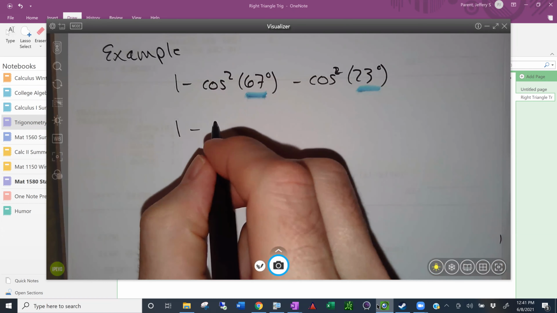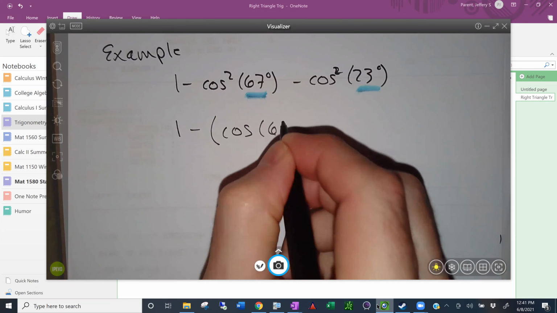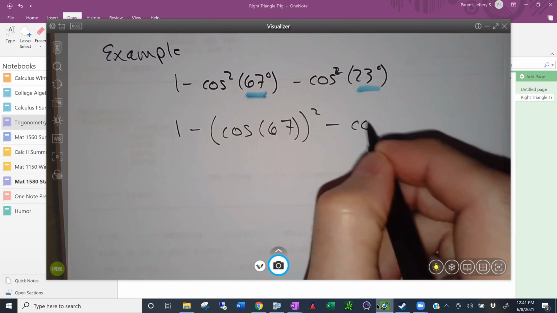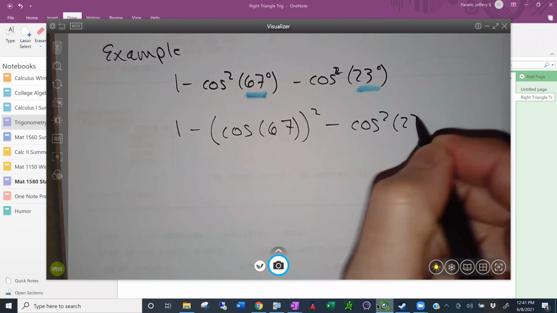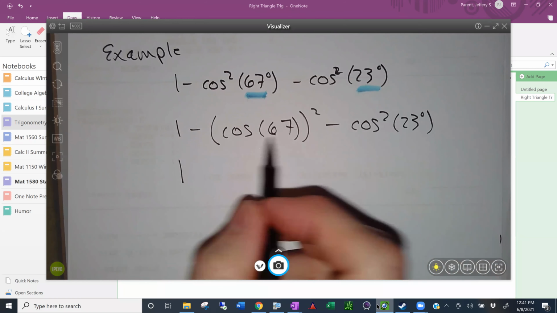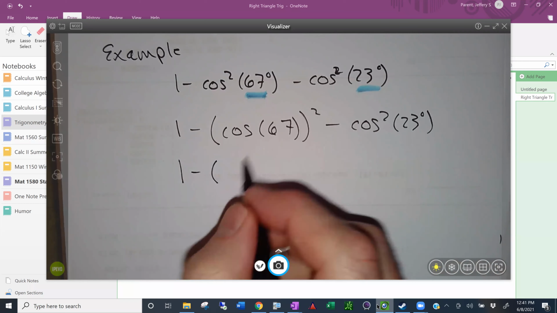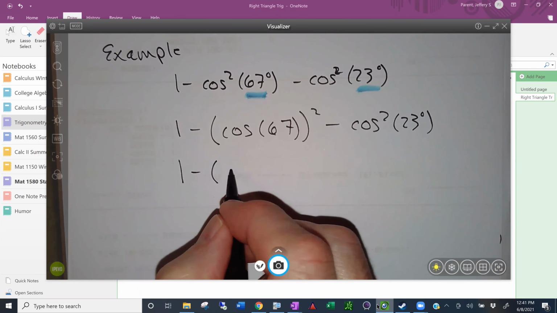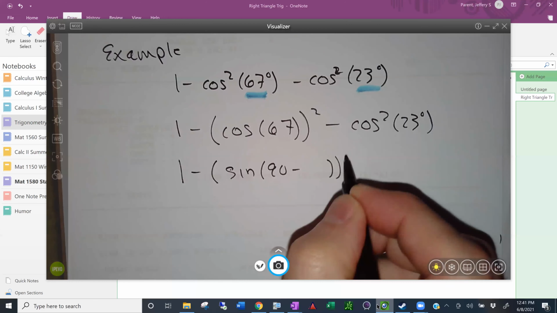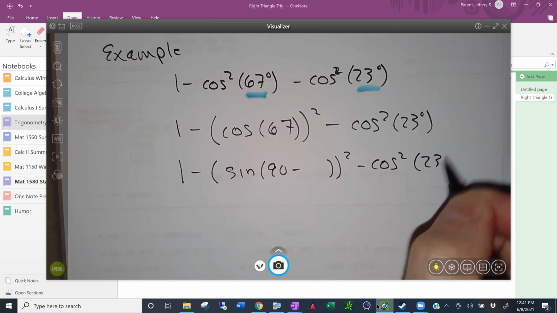So I'm first of all going to write this as cosine of 67 squared. This is the same thing, cosine squared of 23, but I'm not going to bother with it like that, just to get rid of that 2 for the moment so we can concentrate on cleaning this up. This is going to be sine of 90 minus what? 67.